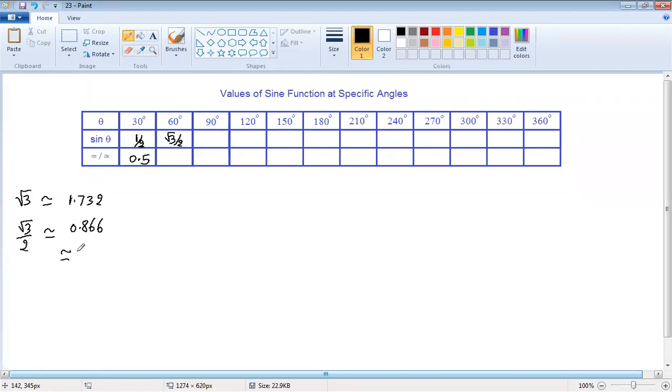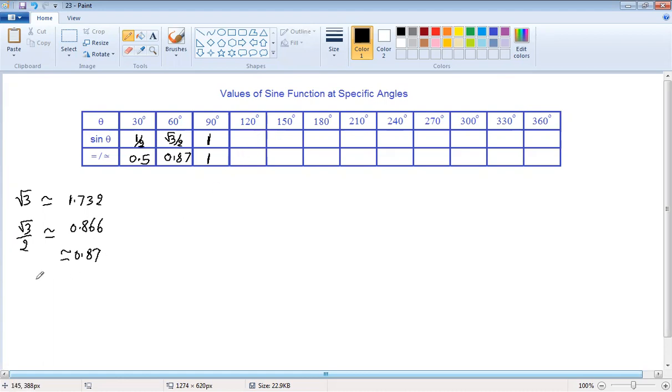So this is approximately 0.87, rounding off the third digit. So this is 0.87, and what is sine of 90 degree? Sir, 1. 1 is exactly 1, no problem.